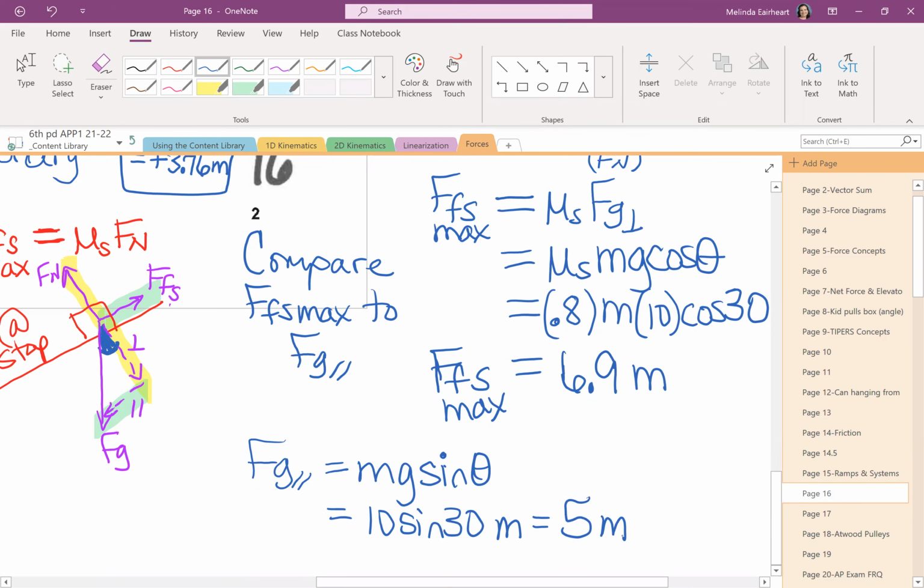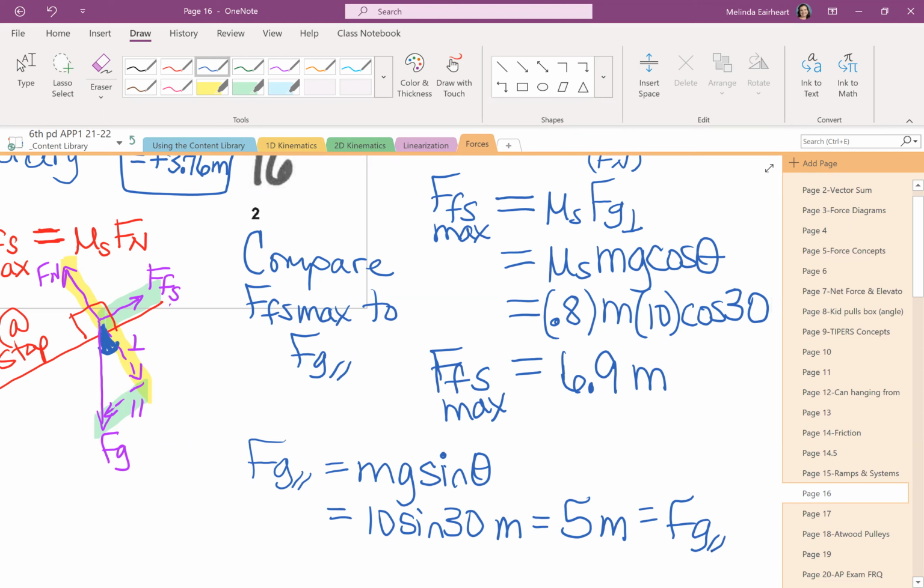We'd have 5m for FG parallel, okay? And so we got to compare these two. FG parallel, the amount pulling it down is 5m. If you make mass 1, maybe it's a little easier, but we've got a component of gravity pulling it down by a factor of 5.